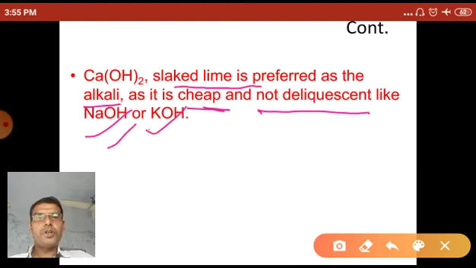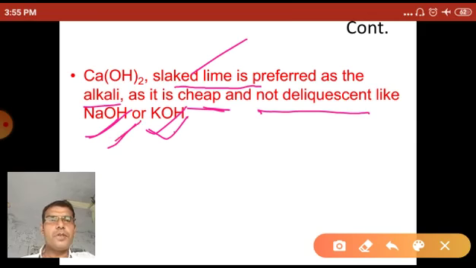Sodium hydroxide and potassium hydroxide are also alkalis, but we prefer slaked lime, calcium hydroxide, because sodium and potassium hydroxide are costly, but calcium hydroxide is cheap.